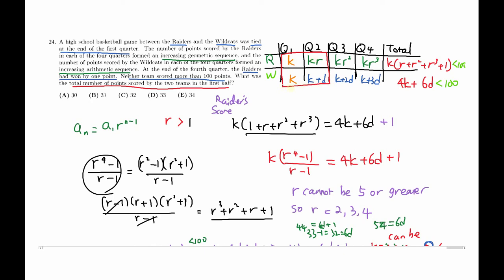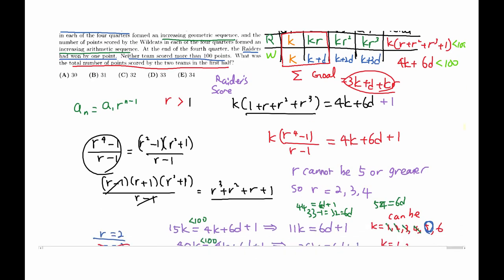We have to add all these, meaning we get the cumulative points for the Raiders in the first half, and then the Wildcats, and we just simply add them up. So it's a sum of that. That's our goal. Looking at that, I see 2k plus kr plus k plus d. So actually 3k plus d plus kr. That's our final answer, at least the equation.